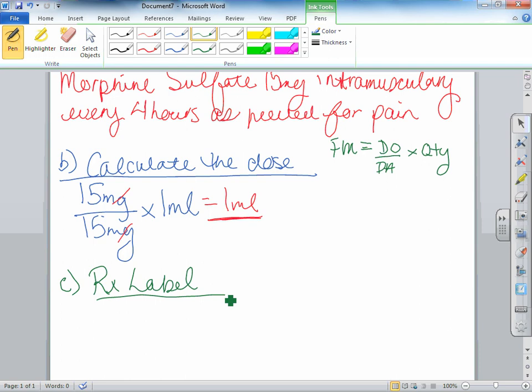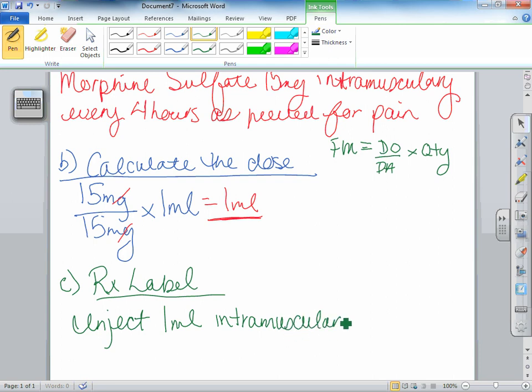Well, because this is an injectable medication, your verb will be inject. All right, so it will say inject 1 milliliter. Your route of administration is intramuscular. I spelled intramuscular wrong, but that's okay.